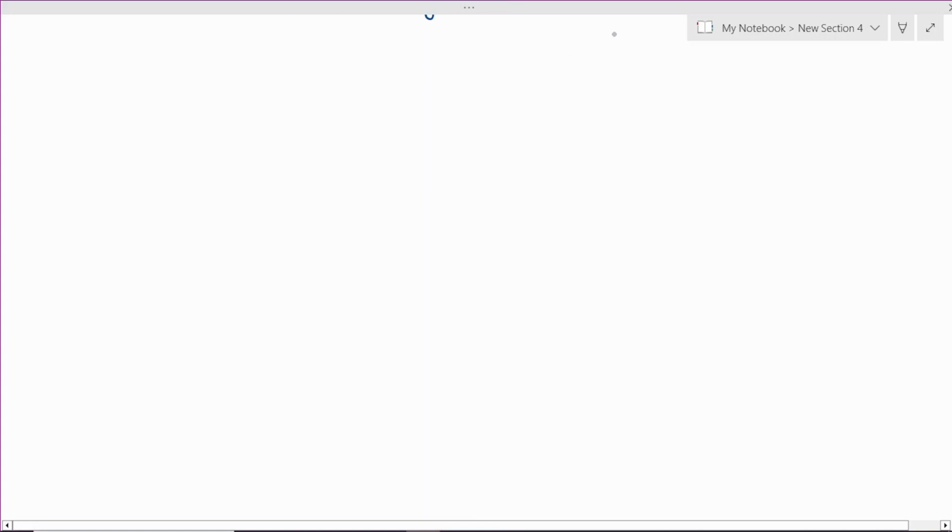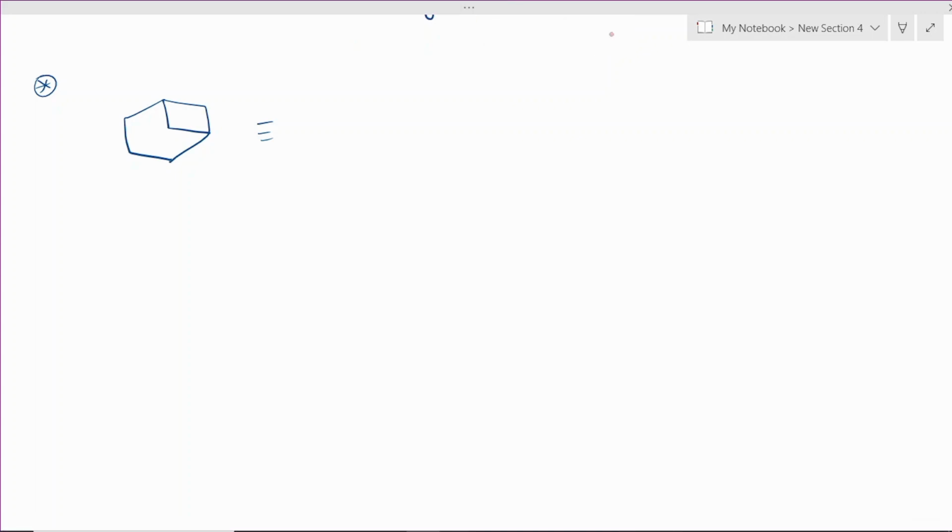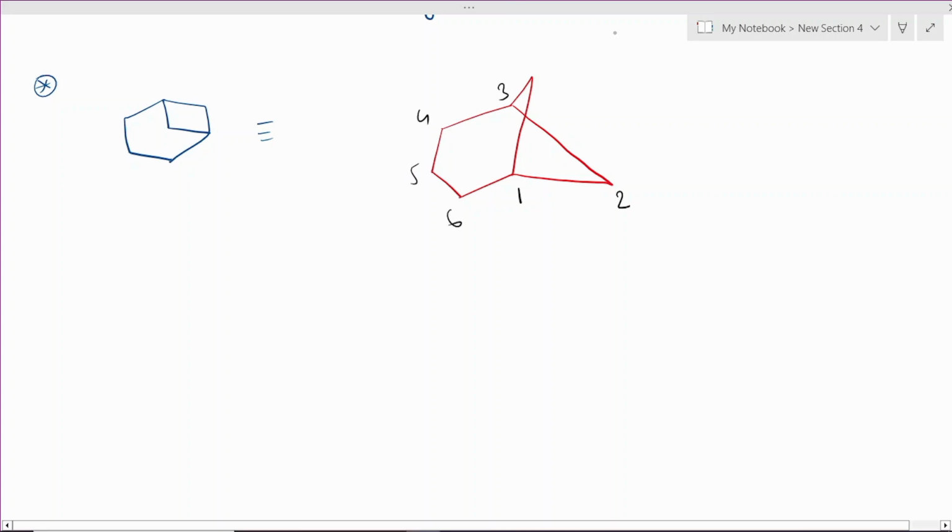Another example, it is important, that is, if we do the IUPAC nomenclature we can draw the structure in a simple way. So if we do numbering, this will be 1, 2, 3, 4, 5, 6, and 7.